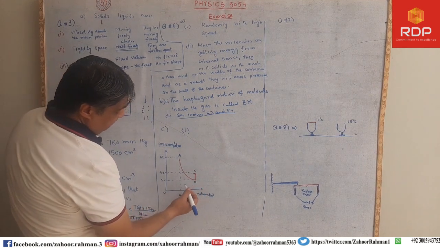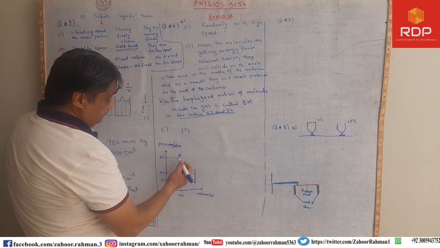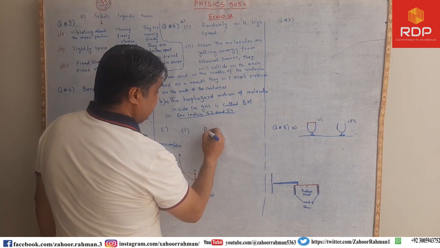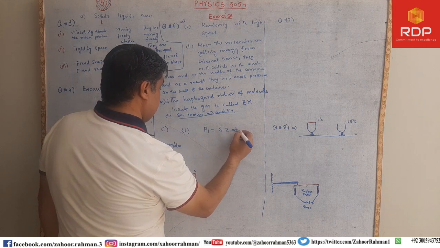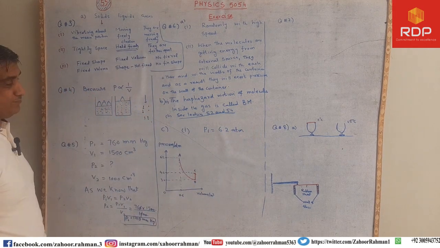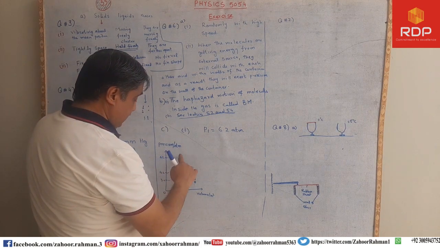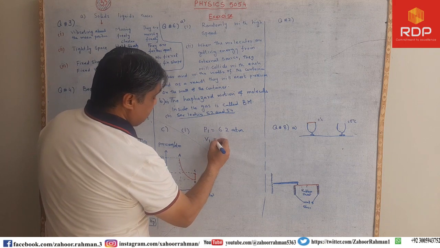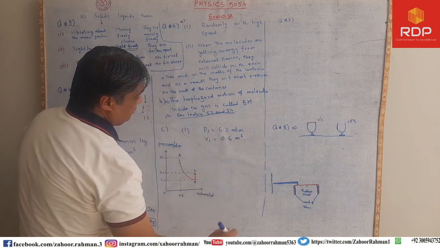We have to find it. Now, if we see, P1 is given as 6.2 atmospheric pressure, and V1 is equal to 0.6 meter cube.